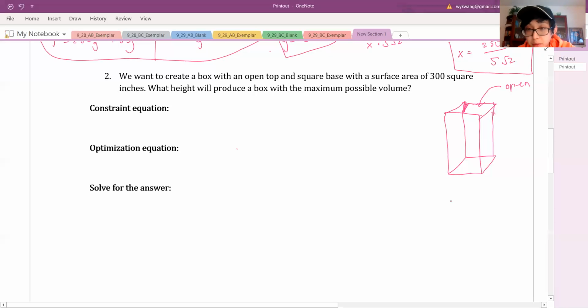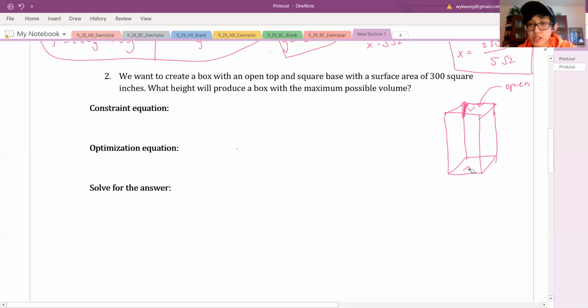So it'd be the bottom of the box here, and then you add each of these 4 sides, and that is equal to 300 square inches. Note that we are not adding the top of the box in our surface area calculations because it's open.